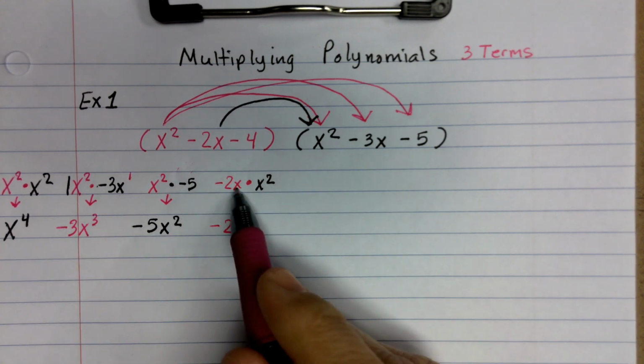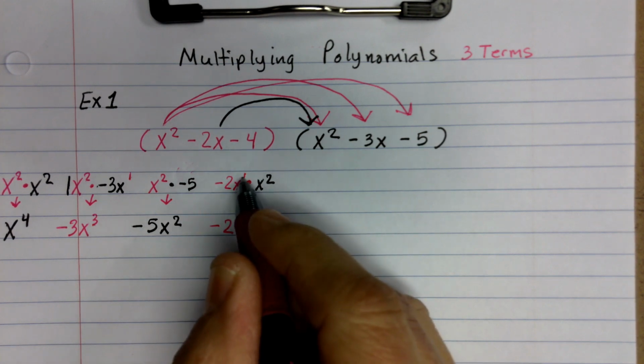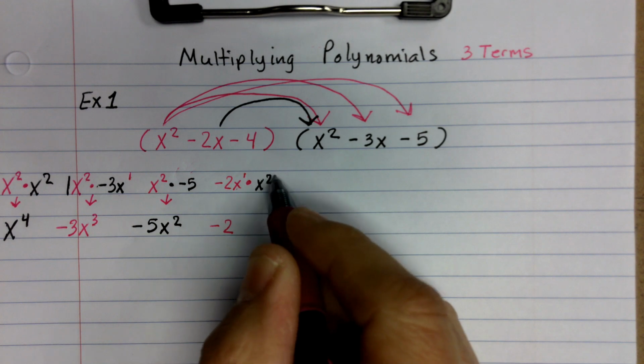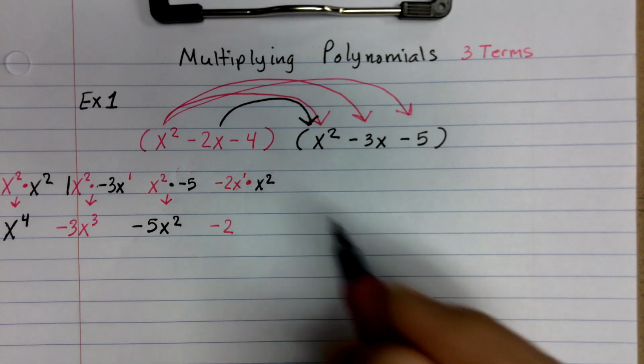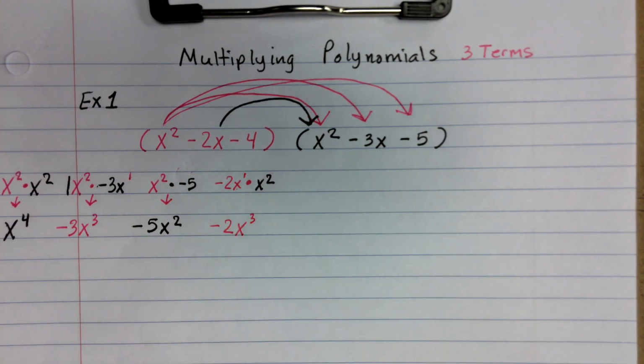And then x times x squared means we take this power for this x, which is 1, and we add it to this power over here, which is 2, because they're both x's. They have the same base. 1 plus 2 is 3. So I'm going to put x to the third power.